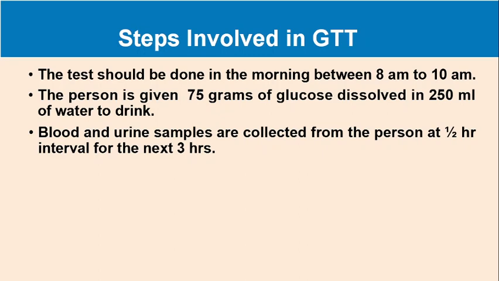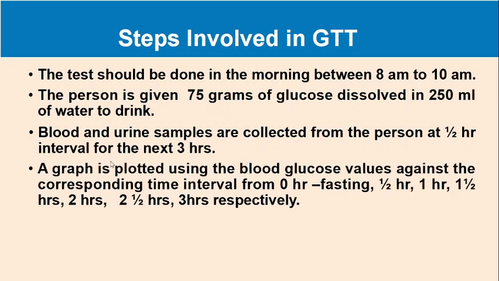So at different half an hour intervals, blood and urine samples should be collected and a curve should be drawn. A graph is plotted using the blood glucose values against the corresponding time intervals: the fasting value, half an hour, 1 hour, 1.5 hours, 2 hours, 2.5 hours, and 3 hours.